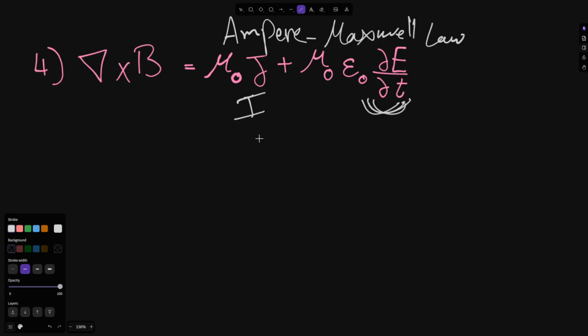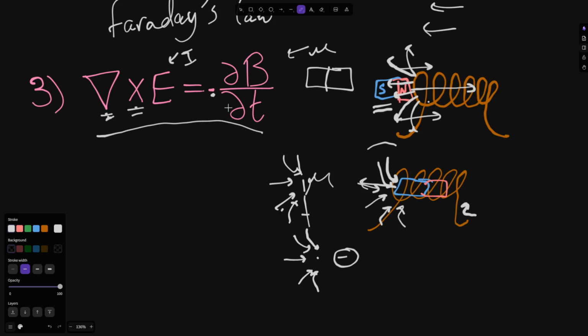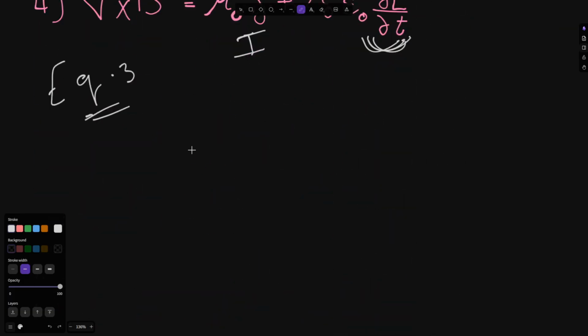If we read equation 3 again, it says a changing magnetic field makes electricity. And this one, equation 4, says a change in electric field makes magnetism.